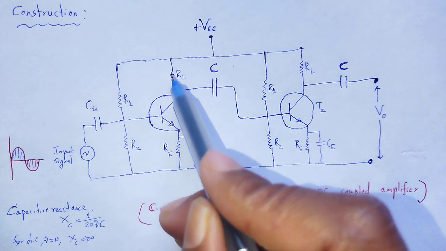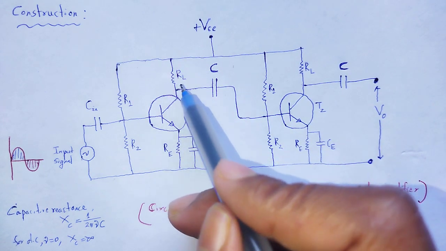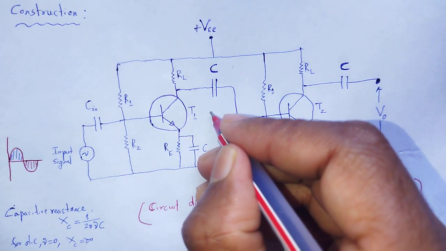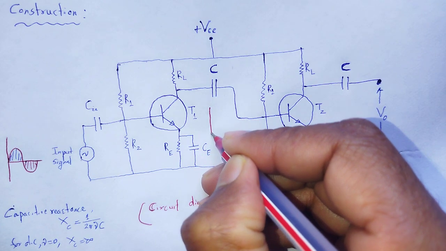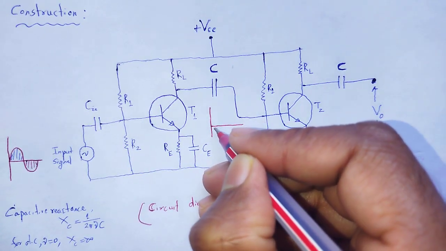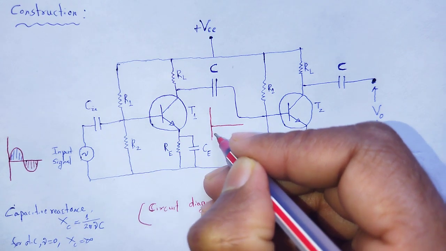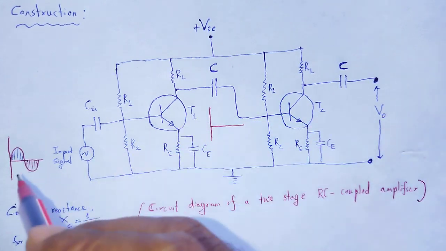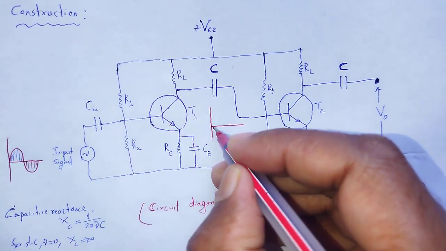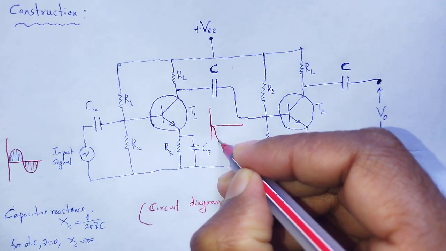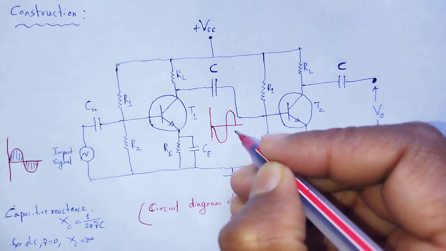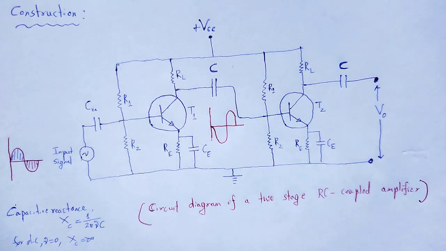At the output, in the collector through the load, we obtain the output signal, which is the amplified version but out of phase. That phase shift is 180 degrees. Here the positive half, but there we obtain negative, and positive again: amplified but out of phase.